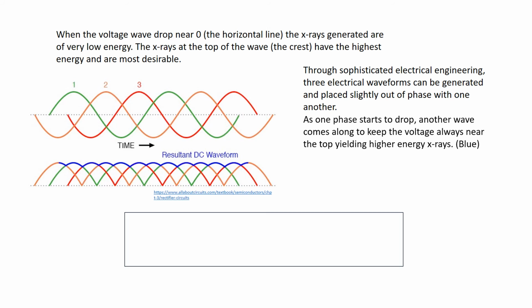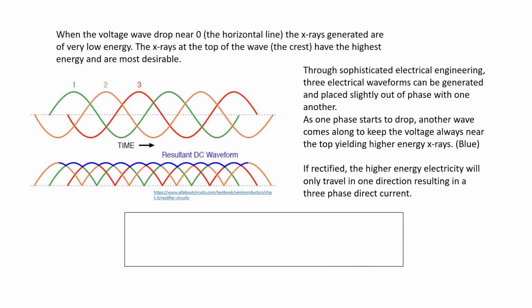So as one phase starts to drop, another wave comes along to keep the voltage always near the top, yielding higher energy X-rays. That's shown to you in blue there. If you rectify it, as I said, the higher energy electricity will travel in only one direction, resulting in 3-phase direct current.